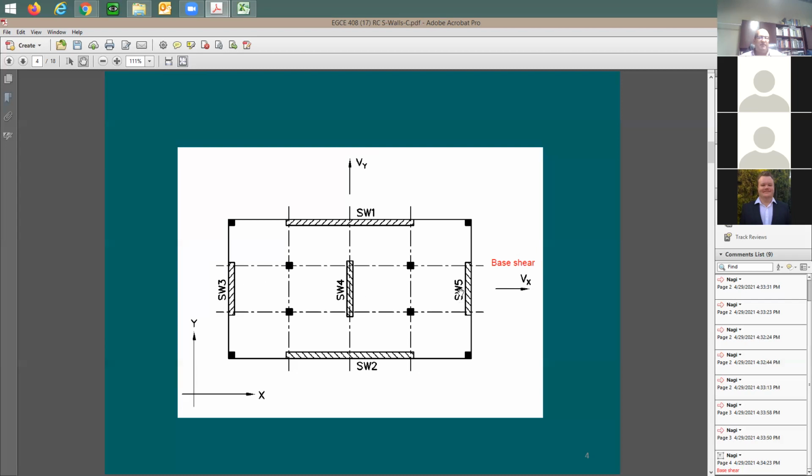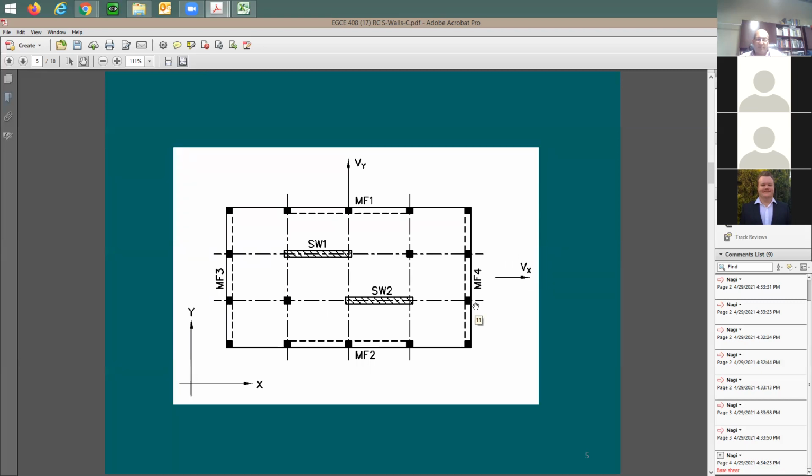So there's lots of analysis that can be done on this. And of course, it's going to depend on the rigidity of the concrete slab. It also depends on the stiffness of each one of these walls. And as you know, the stiffer wall is going to be sucking more load because it's going to be moving less, because it has higher resistance.